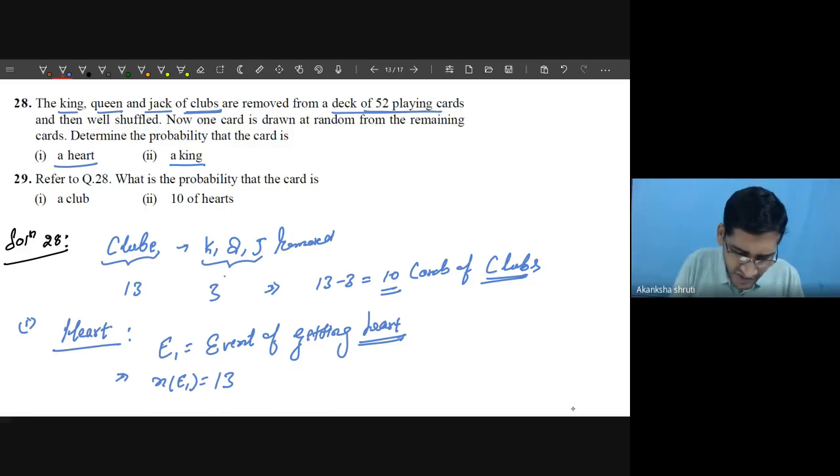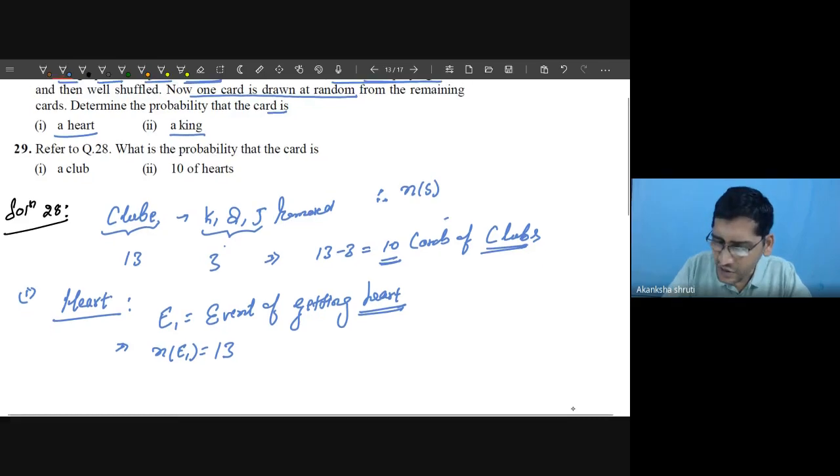Now determine the probability that the card is heart. One card is drawn at random. So for this club, it is the 10 card. But what is our sample space in this case? Even the sample space also gets modified. So write very first the sample space NS is equals to 52 minus 3. So it becomes 49 cards.